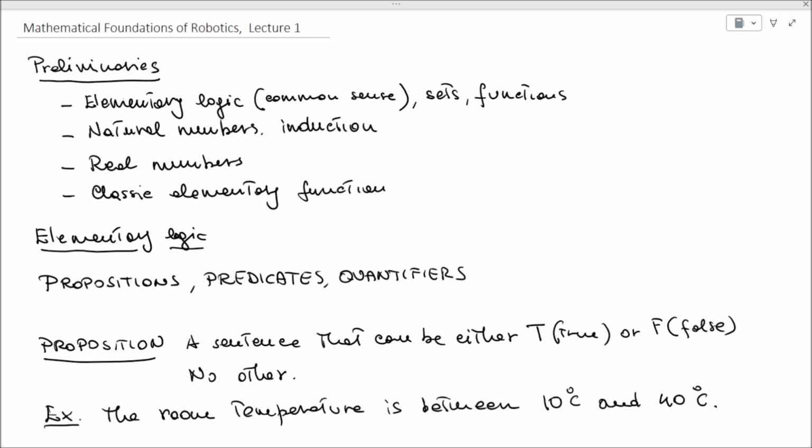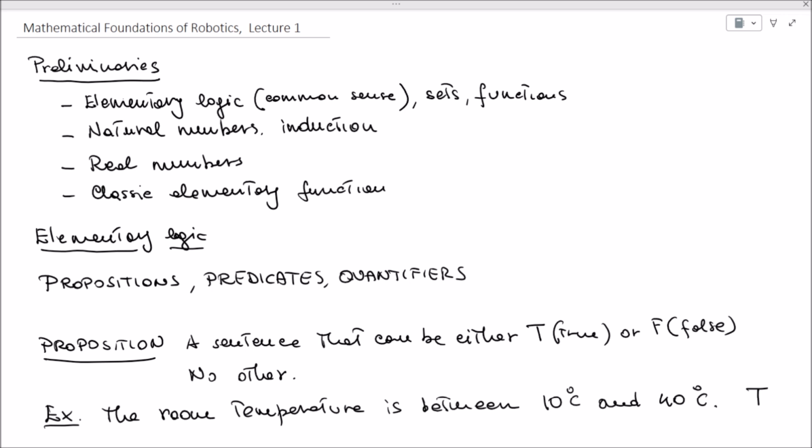Because we can check if the temperature is indeed within this range. So this sentence is a proposition because we can check that this is indeed a true proposition.